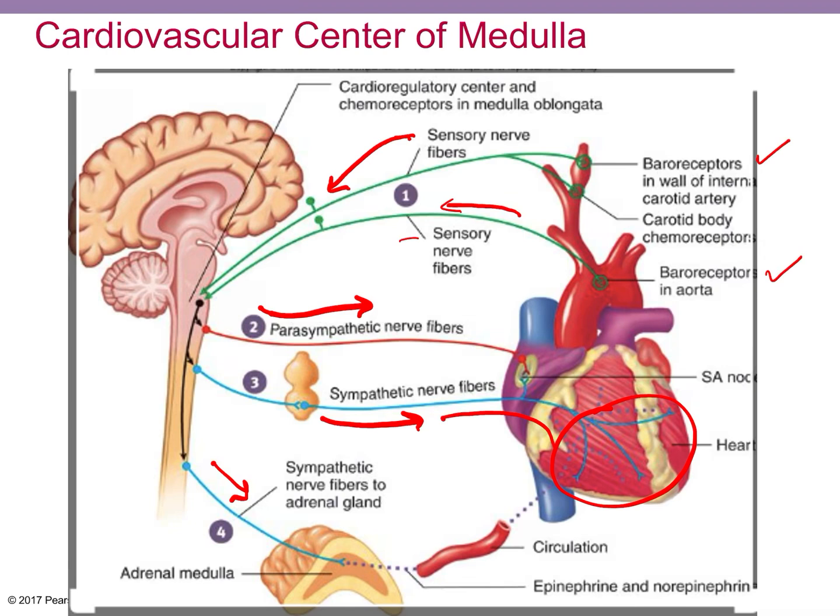Then we have sympathetic fibers going to the adrenal gland, so that epinephrine and norepinephrine are in the bloodstream. When they are in circulation, they can bind to those adrenergic receptors on the blood vessels themselves, and the blood vessels can constrict, and thereby control your blood pressure.